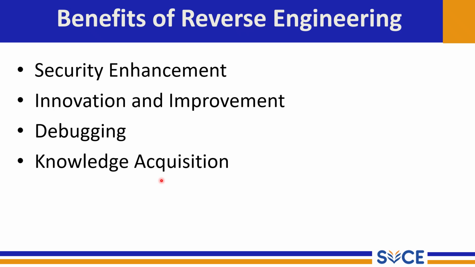Innovation and improvement provides insights for developing new features, optimizing existing software, and understanding competitor products. Debugging aids in identifying and resolving bugs in software and hardware. And knowledge acquisition deepens the understanding of complex systems as well as technologies.